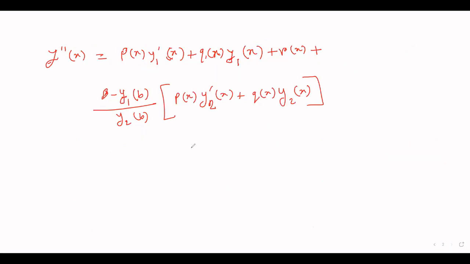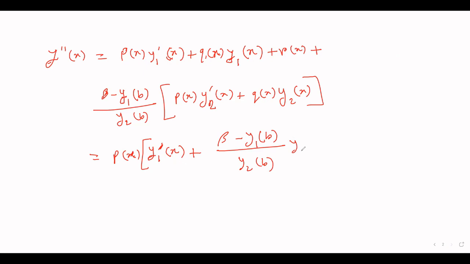So if you simplify now and take p of x as common, you get y1 prime x plus beta minus y1 of b over y2 of b times y2 prime x.